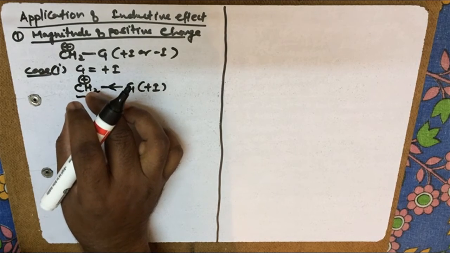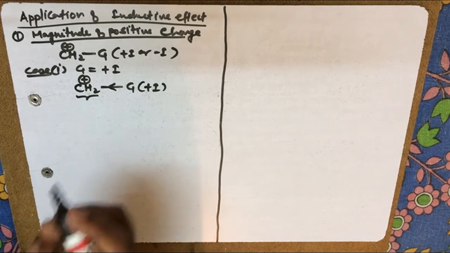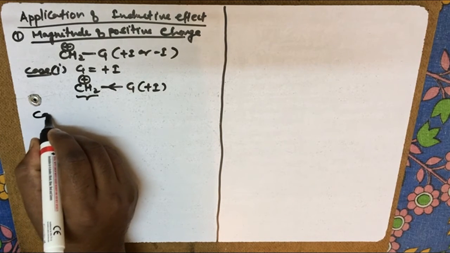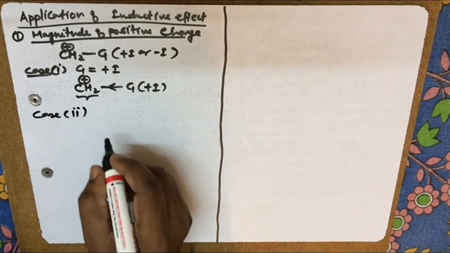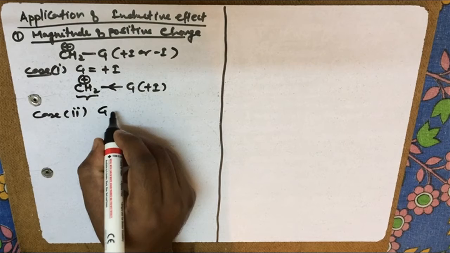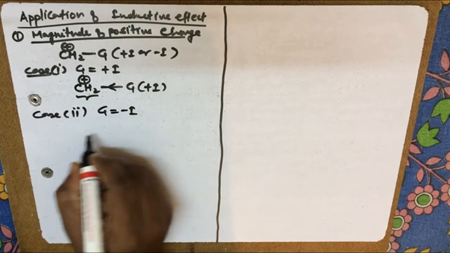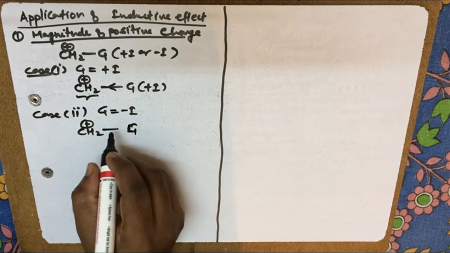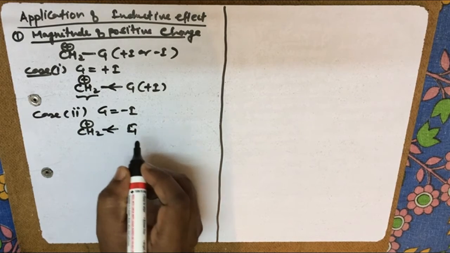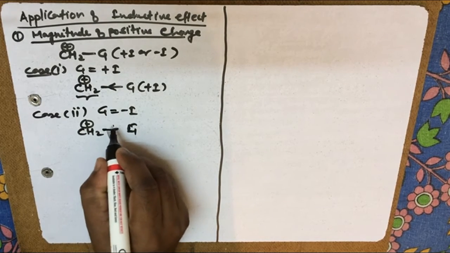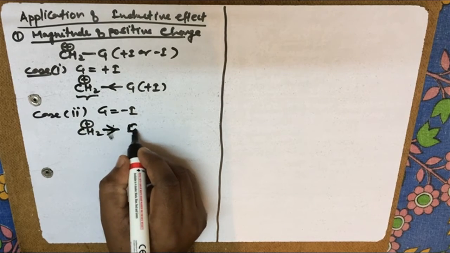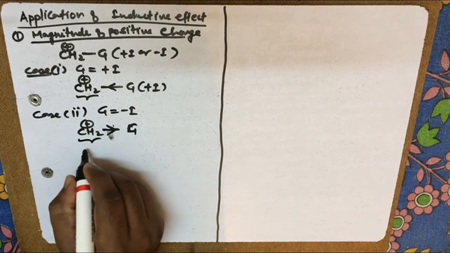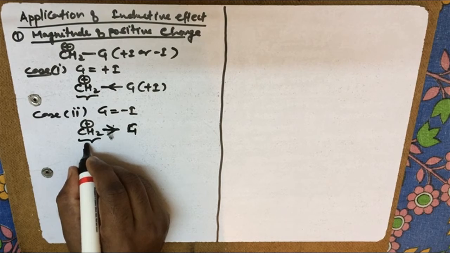And for case 2, if you choose minus I effect, then this group will pull the electrons, so the positive charge will increase.